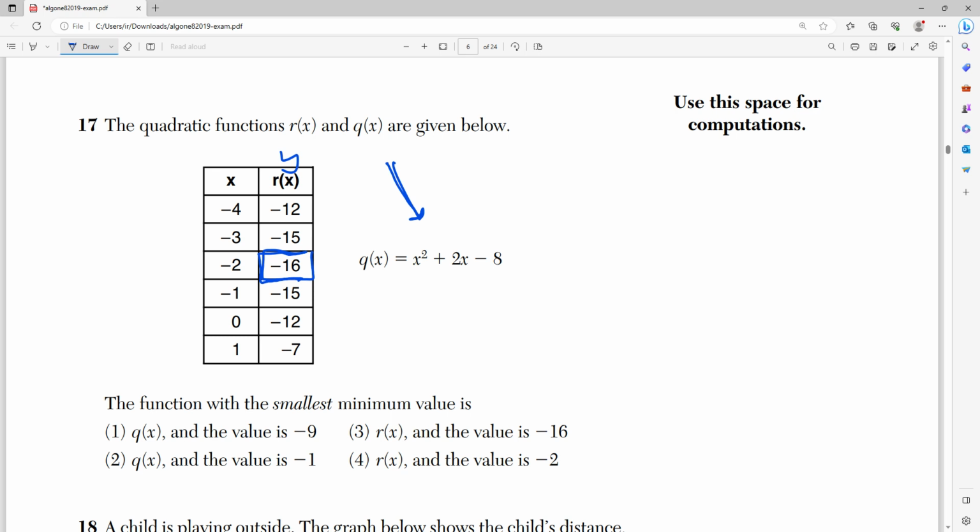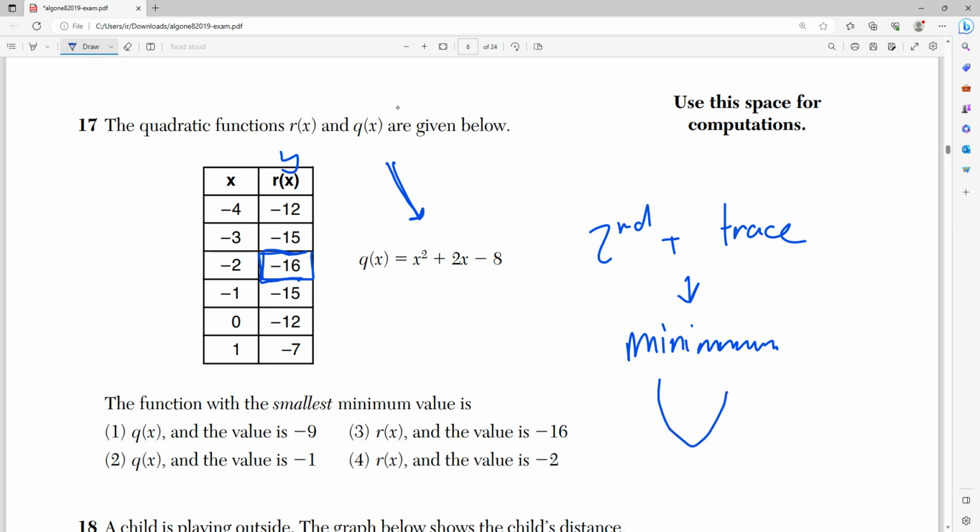Then I'm going to press graph. Next, I'm going to go into second and trace, right? Second and trace, I'm going to scroll down to where it says minimum, and press enter. So here's the actual graph, right?